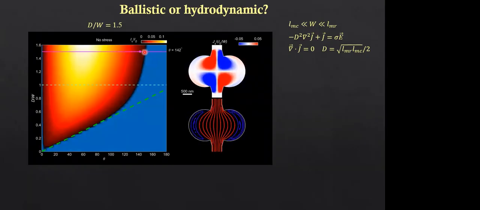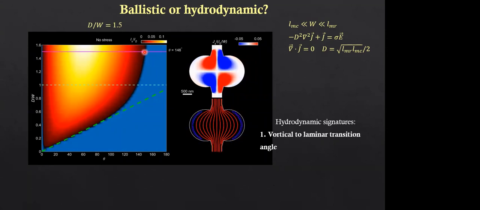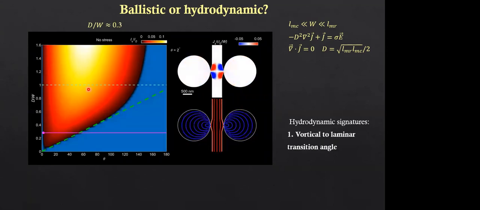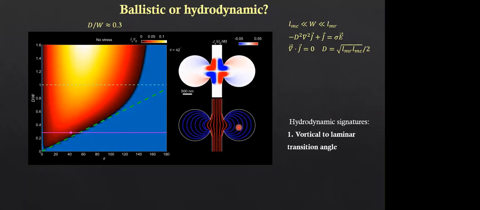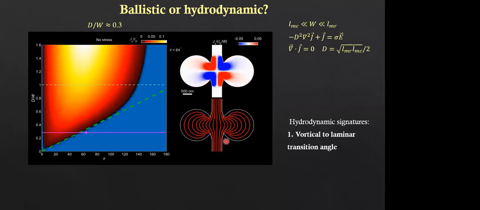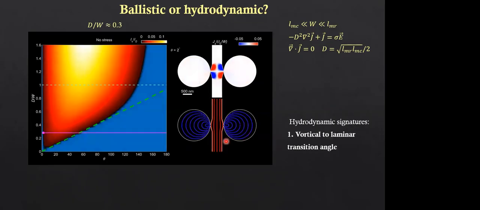On the other hand, if we go to a d over w of something like, say, 0.3, then the simulation looks like this: the red lines are going inside the chamber, the vortices are vanishing, but before disappearing, in each chamber, one single vortex breaks into two vortices.